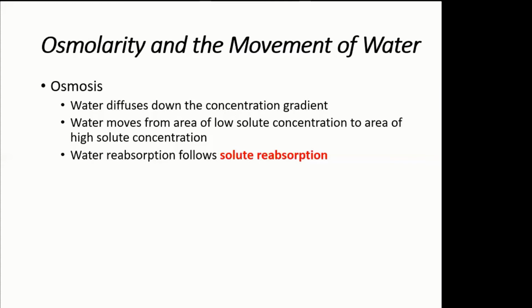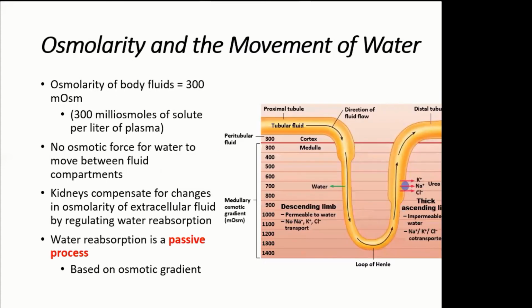So when we move solutes, we change the osmolarity and salt content in the place that we move our salts to, and the water is going to flow and follow those solutes, because it flows from areas of low solute concentration to areas of high solute concentration. So if you move your solutes, you're making that area lower than it was before, so you're also going to have water exit. We looked at that before, but we'll look at it again.